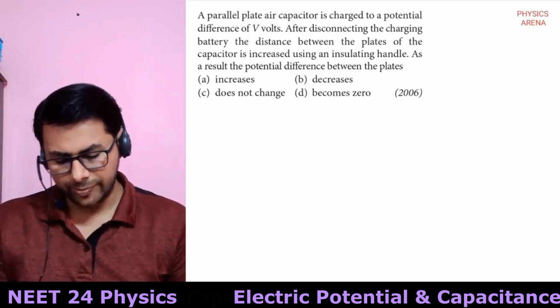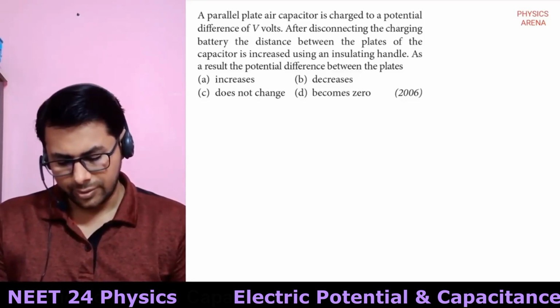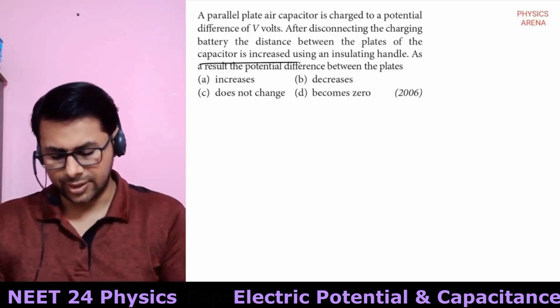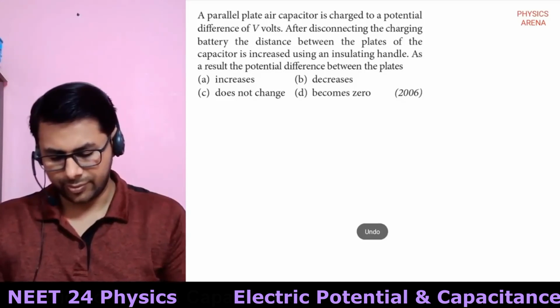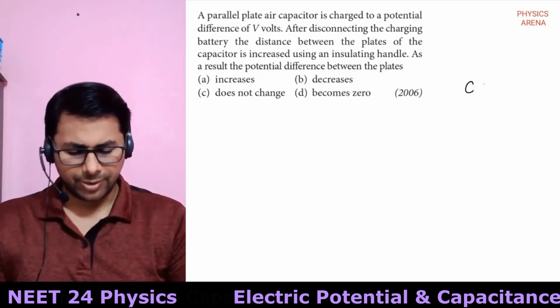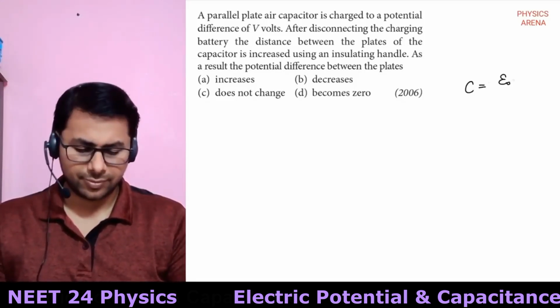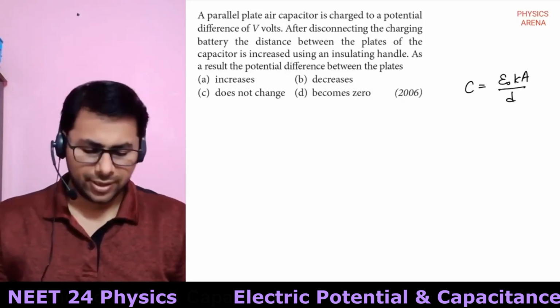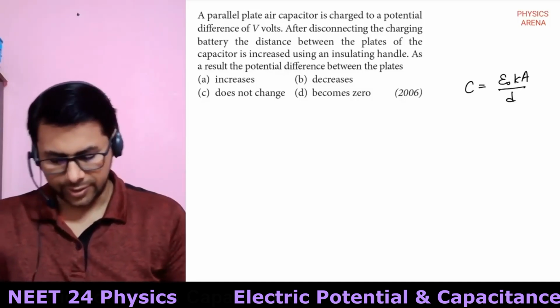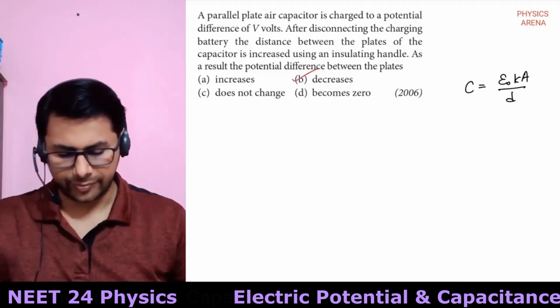The distance between plates is increased. So what will happen to the capacitance? Epsilon naught A upon D. If D increases, C decreases. So it is option B.